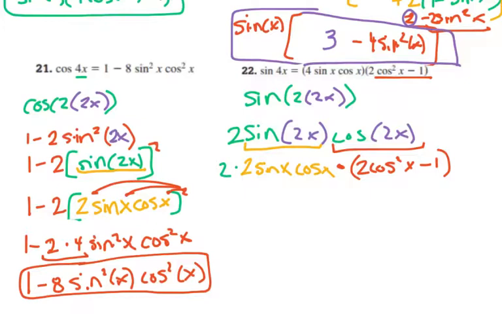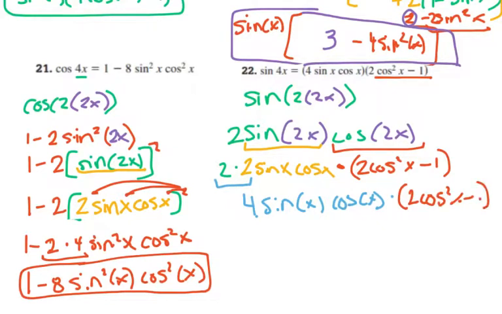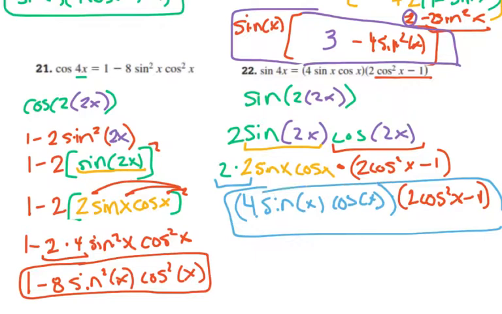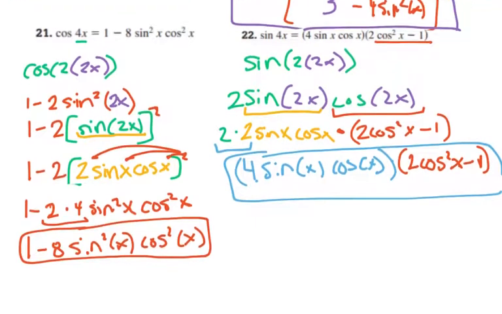Then to make it look like the result that we want, we just put our 2's together and make 4. And so 4 sine of x cosine of x times our other quantity of 2 cosine squared of x minus 1 ends up with our answer, or at least what we wanted to prove.